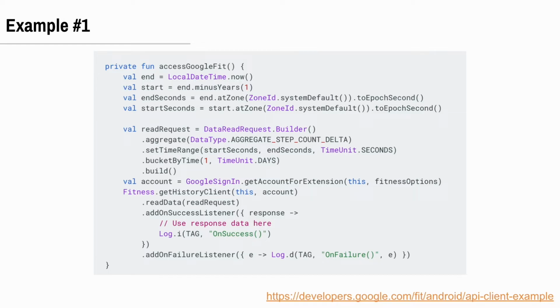We're going to set that timer into start and end, and we're going to go into Google sign-in, get account for extension, and then based on our account here, we're going to get that history data, read that data, and then add a success listener for after we get that data. And that's where you're going to basically be displaying any of that data that you find.